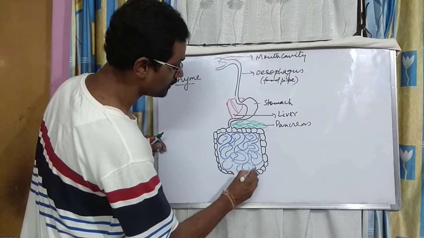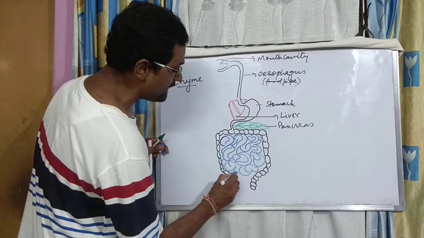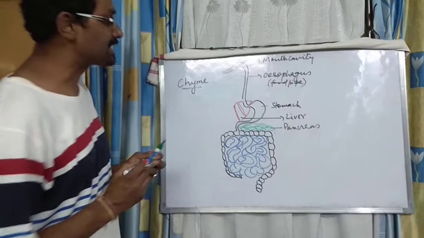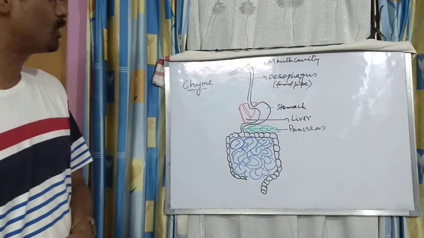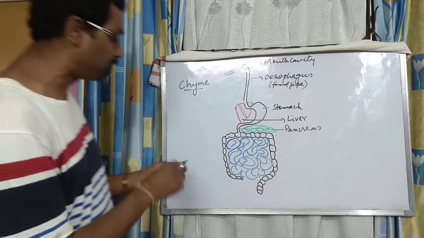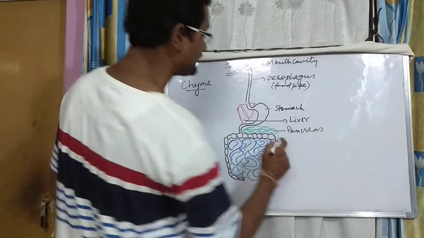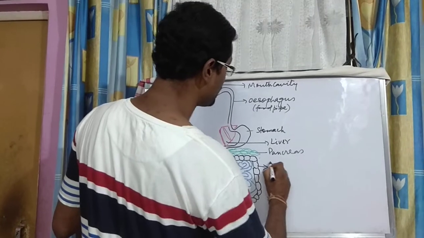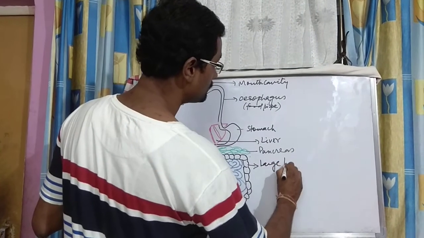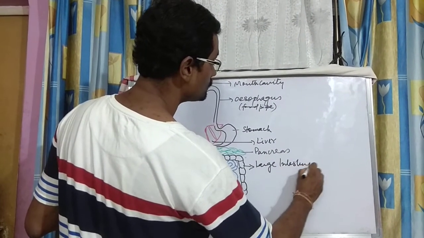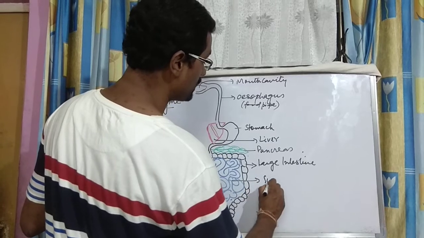Again, another thing you have to keep in mind: the small intestine is the site where ultimate digestion of all the food material takes place. So what you are finding here, I told you earlier, this is the large intestine. This one is the small intestine.